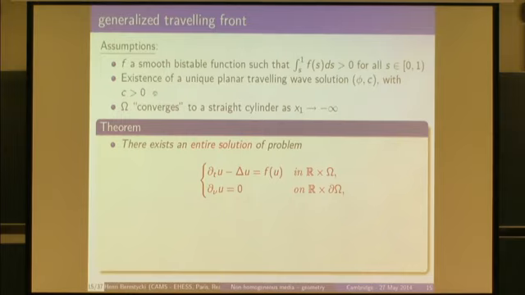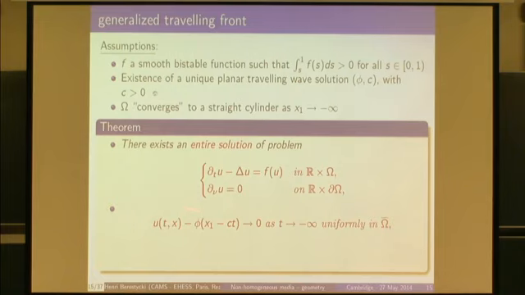And why do I say that it's a generalized traveling front? Because we can construct such a solution such that if you look at the difference between this solution u at time t in space x, minus the planar traveling front solution phi of x1 minus ct, then this difference goes uniformly to 0 when t goes to minus infinity in omega bar.